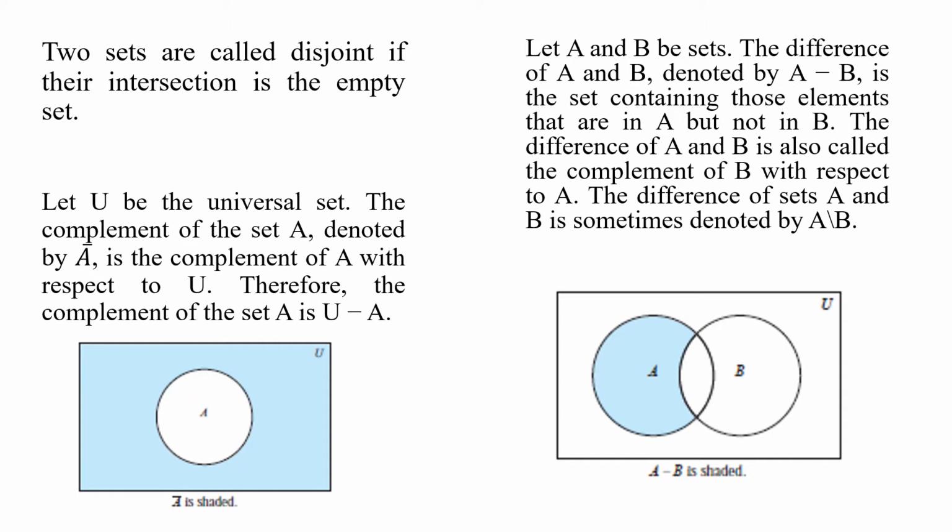In other words, there is nothing in common between the sets A and B. If there is nothing in common between the two sets, then they are disjoint. They don't have any common elements except for the empty set.